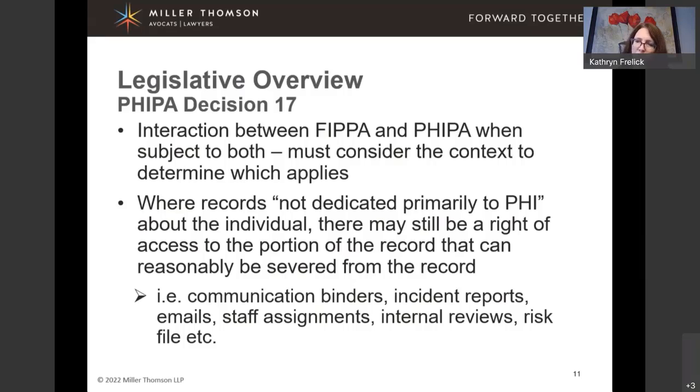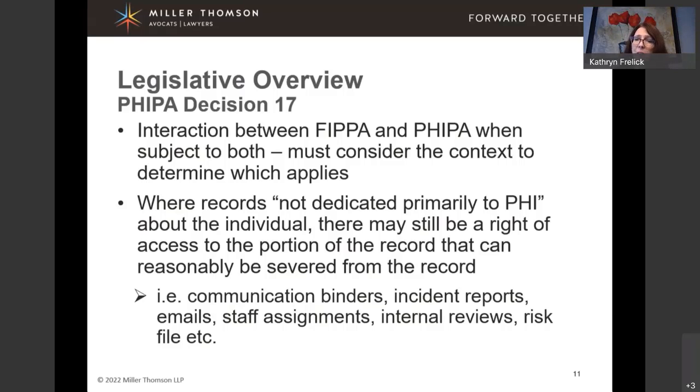And there's a requirement under the legislation where a record is not dedicated primarily to personal health information about the individual. So this would be most records other than the health record itself.